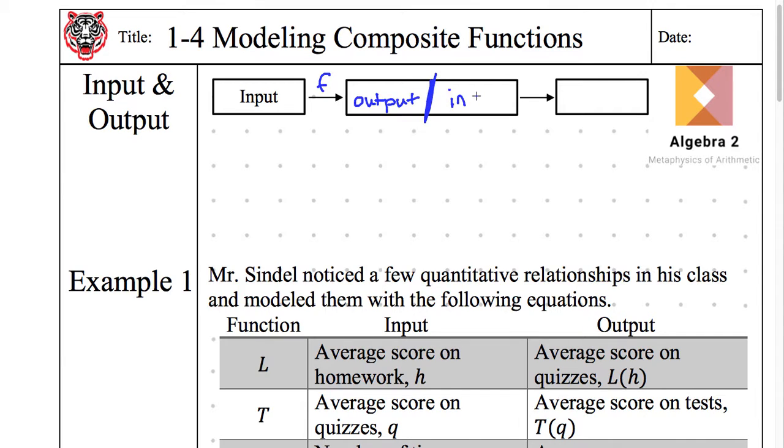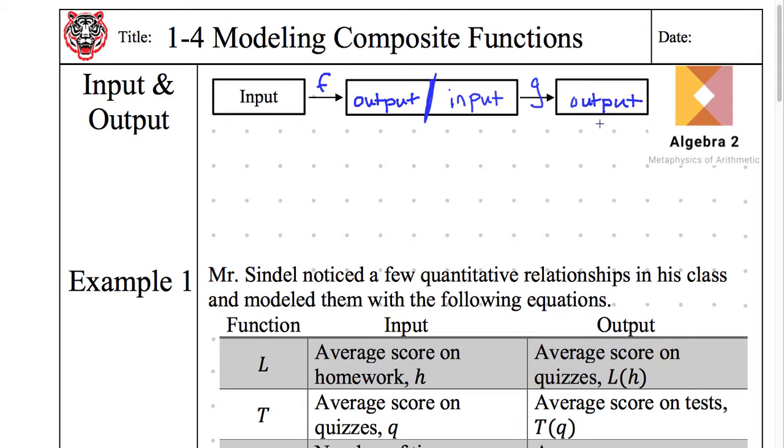It's the same number, but it's going to be the input for a new function. We'll call it g, and it will create a new output. So the input gets transformed by f, turns into an output, and that output is the same as the input that goes into g, which turns into the output.